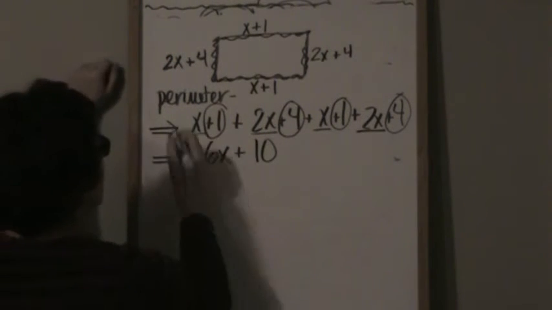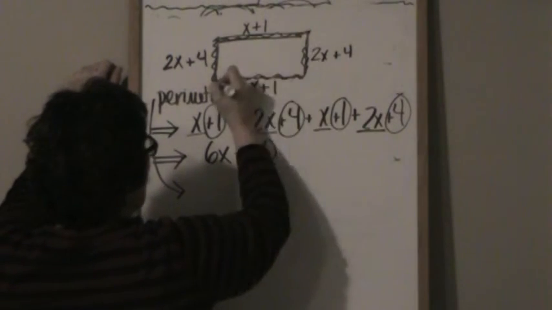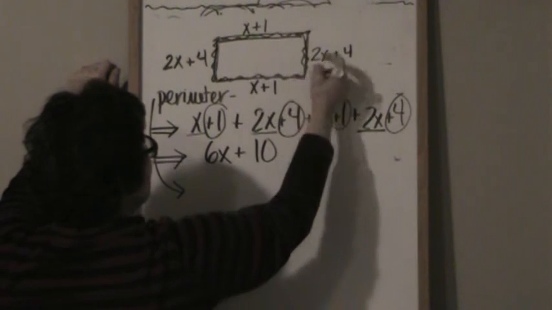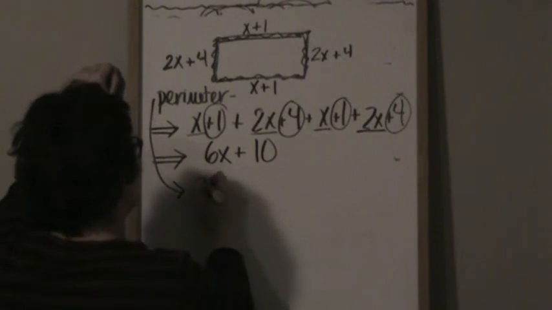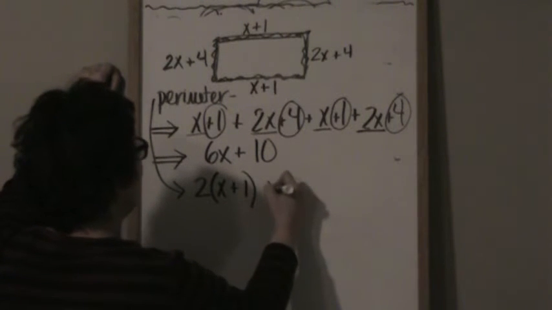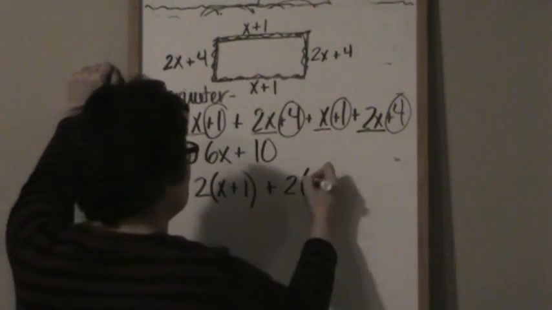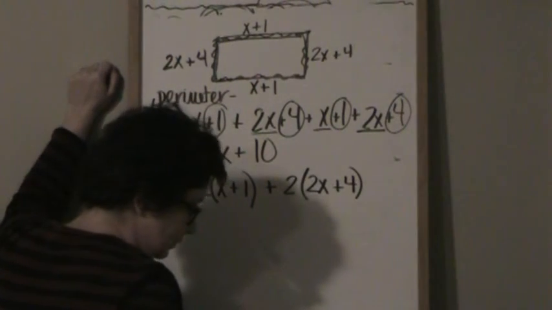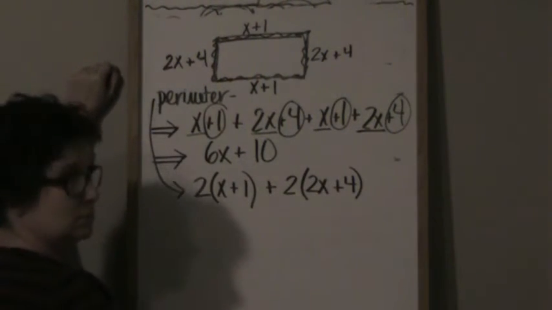Now, some of you may see that the perimeter of this shape is 2 sides this length and 2 sides this length. I would write that as 2 times x plus 1 plus 2 times 2x plus 4. That's right as well.